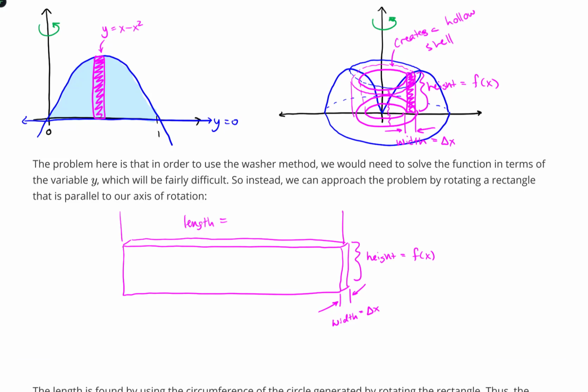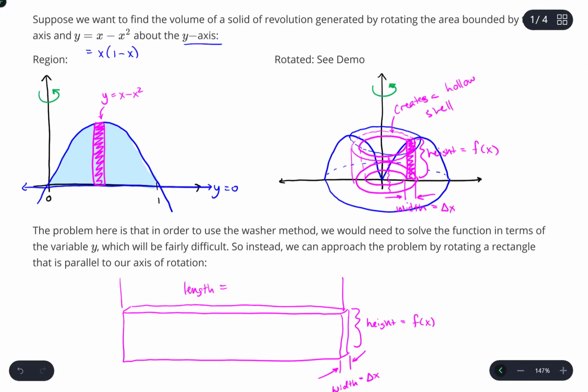if you look back over here at our picture, the length is based off of a circle. And a circle wraps around by its circumference. So the distance this point travels all the way around would be the circumference of this circle, which is dependent upon how far away from the x-axis you are. So you have this distance here of your rectangle from the x-axis.